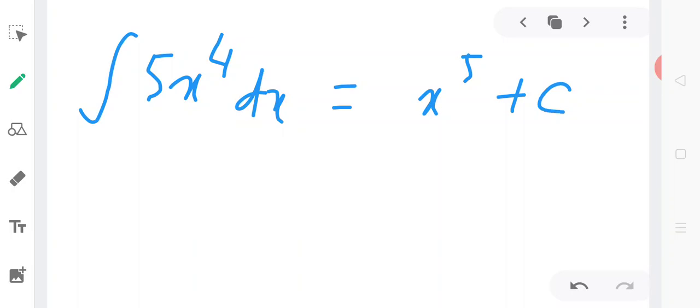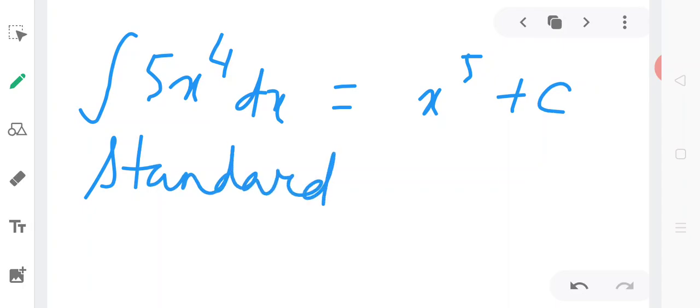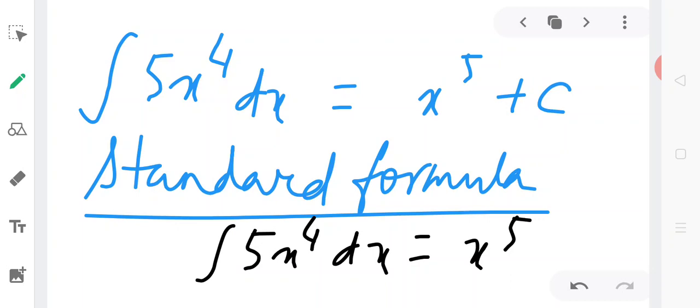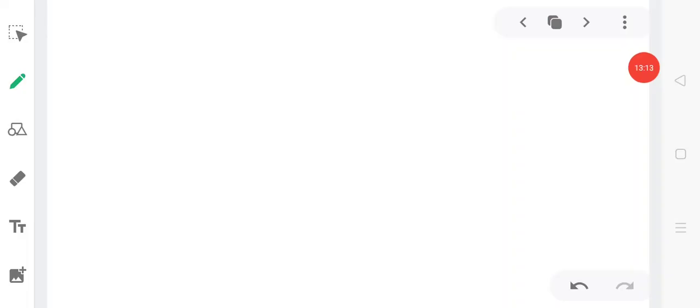But if we make use of the standard formula, then integral 5x to the power 4 dx is equal to actually x to the power 5. It means during integration the constant does not appear. It is due to the fact that the differential coefficient of a constant is 0.